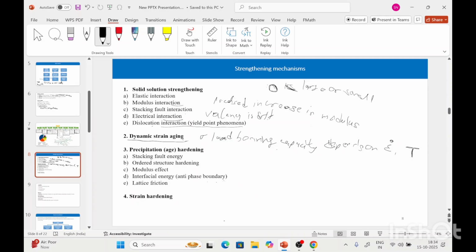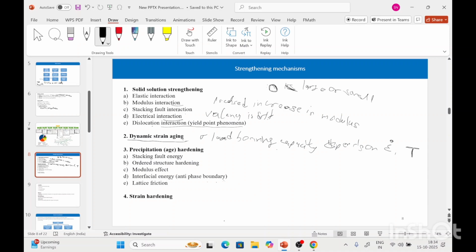And generally, with increasing strain rate, the load bearing capacity of a material increases. But in aluminum alloy, with increasing strain rate, the alloying elements cannot catch the dislocation, and hindrance is less at high strain rate. So there will be less increase in strength, meaning the stress required at higher strain rate will be low.